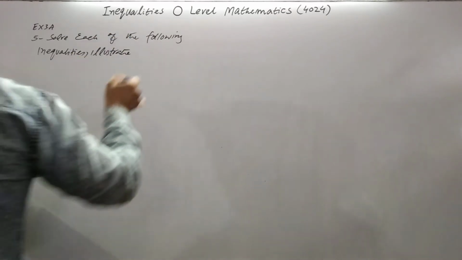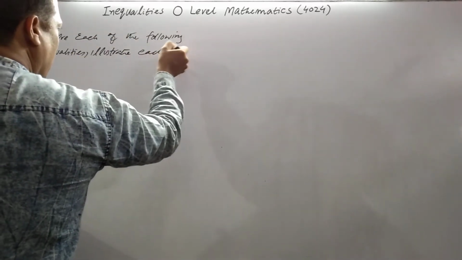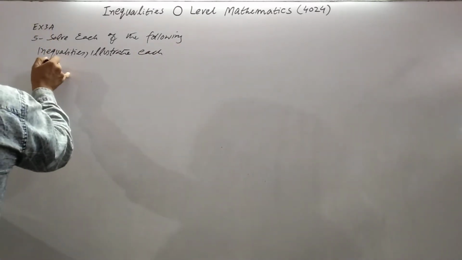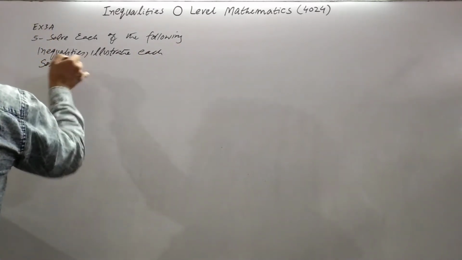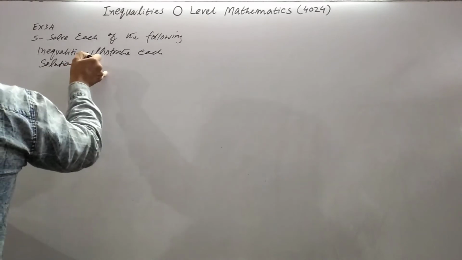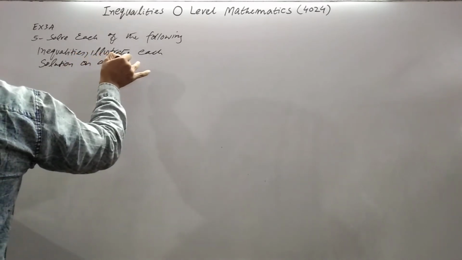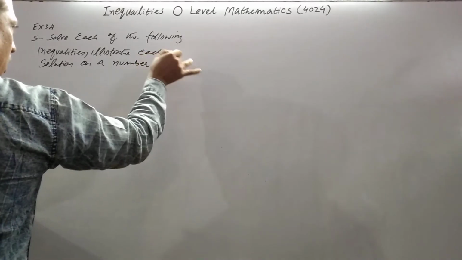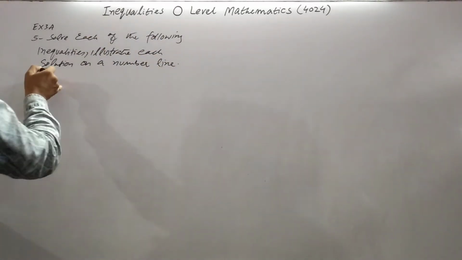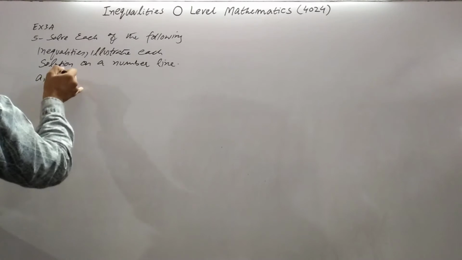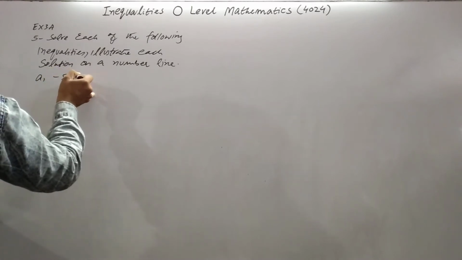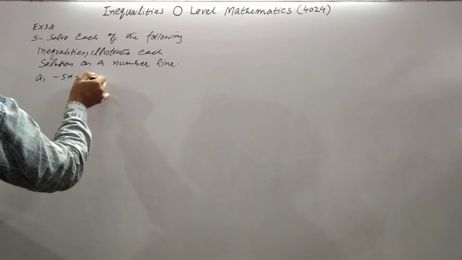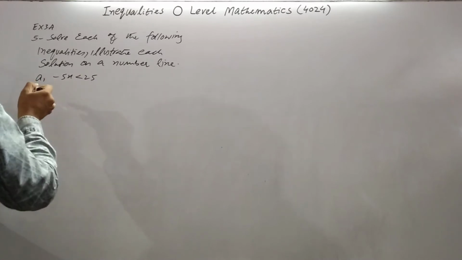Illustrate each solution on a number line. Part A, minus 5x less than 25.